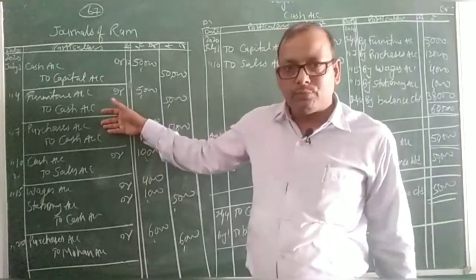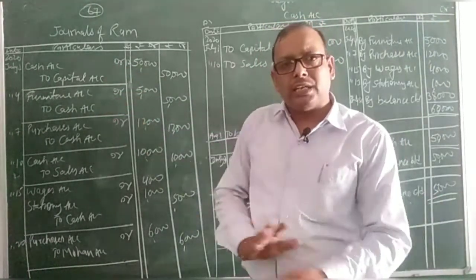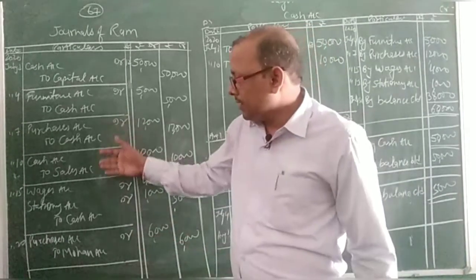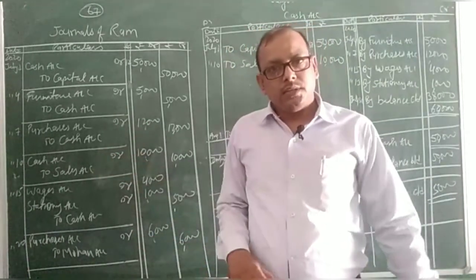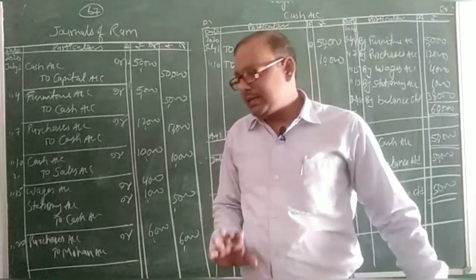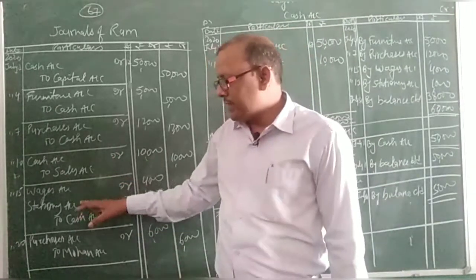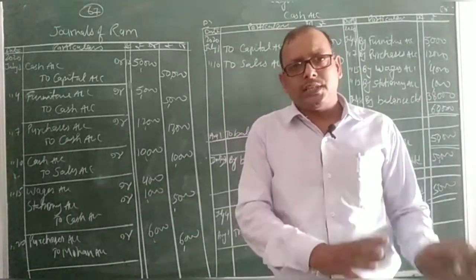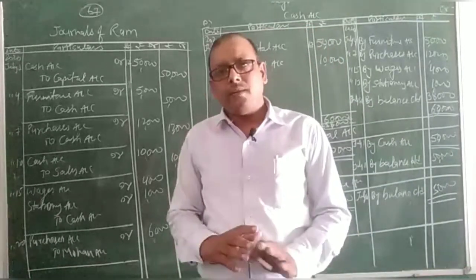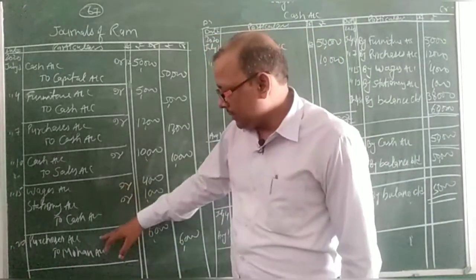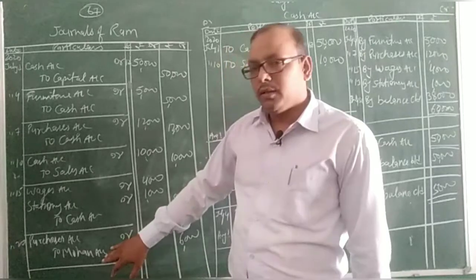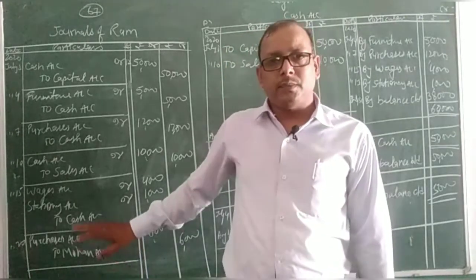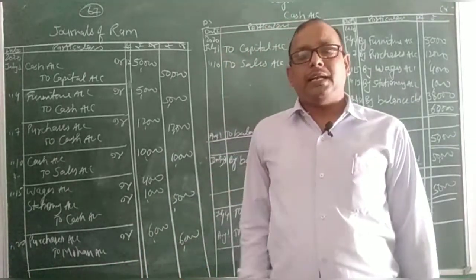So the purchases account we have to open. It's a nominal account, so just total it and leave it. Sales account, a nominal account, total it and leave it. Wages and stationery, nominal accounts, just post them, make the total and leave them. And the Mohan account should also be opened. It's a personal account, so it should be balanced.